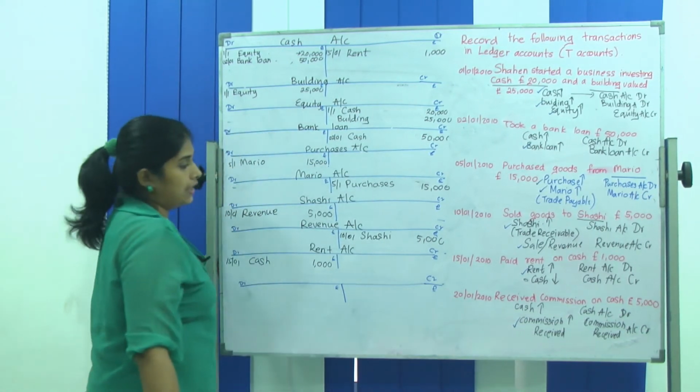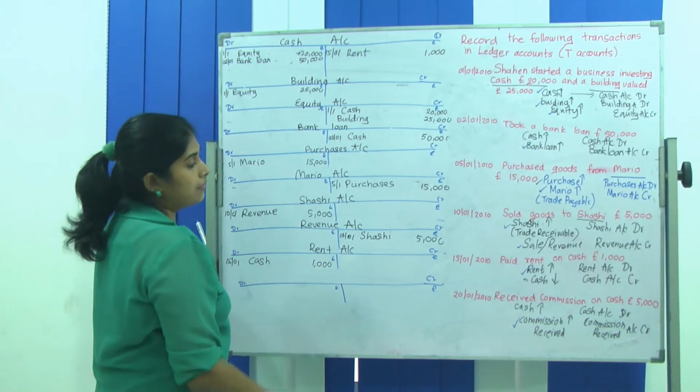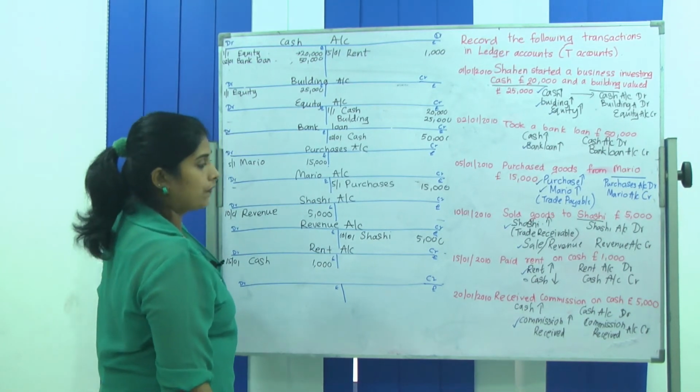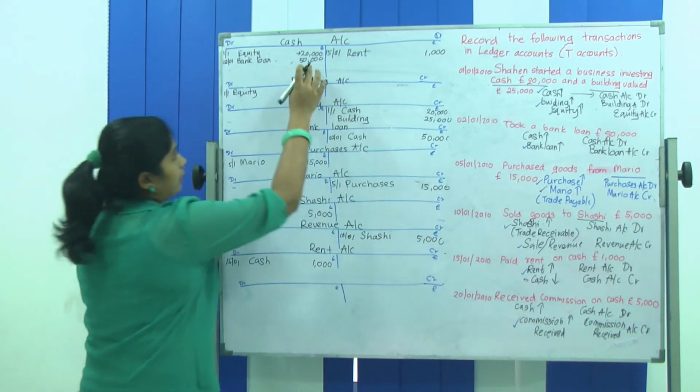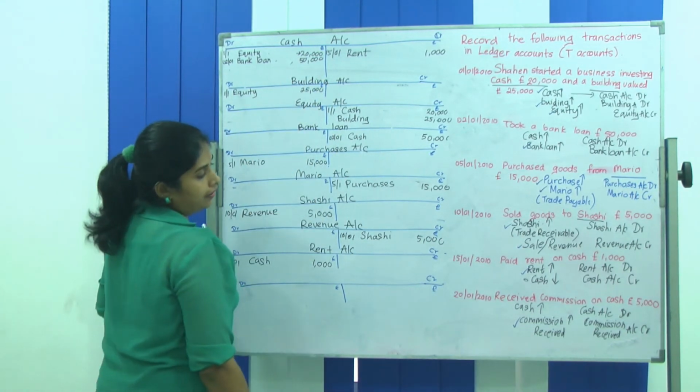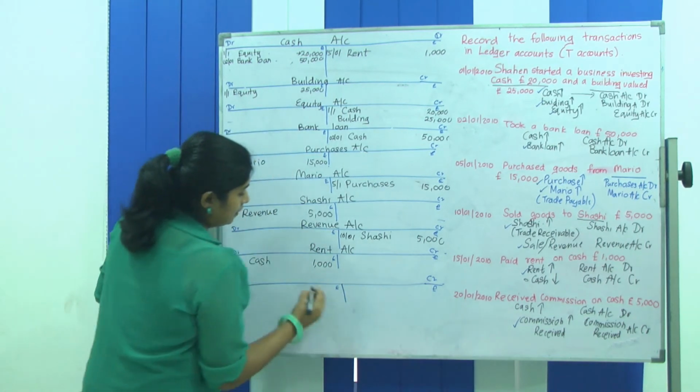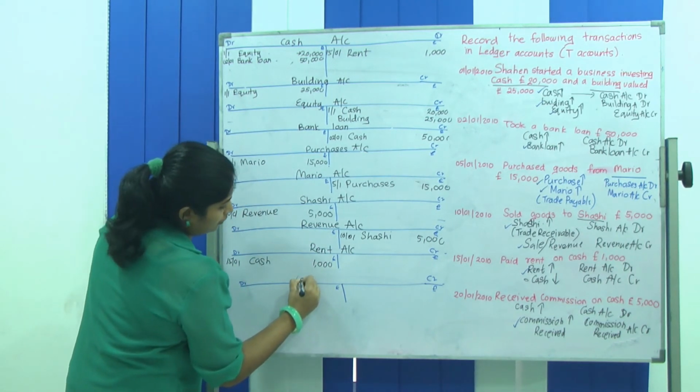So the last transaction, where Shaheen received commission in cash 5,000, which increases the cash. We already have a cash account, so you can write in the same account. But you need another account for commission received.